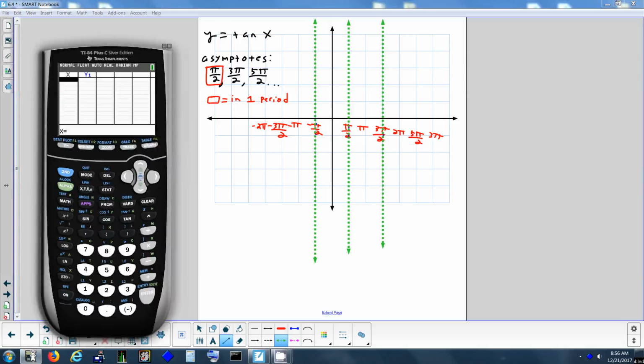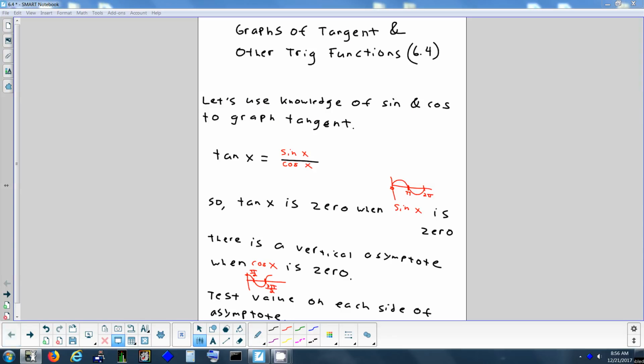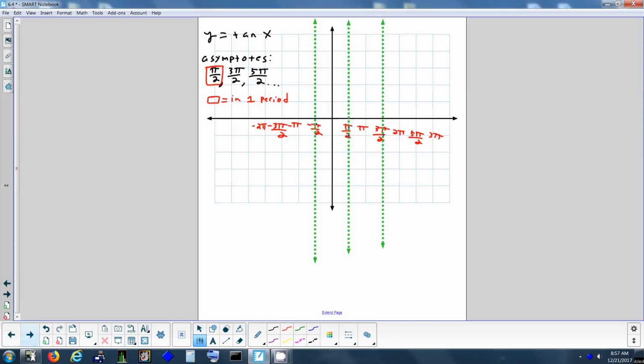And now I'm going to check a value very close to the asymptotes. Actually, there's one other thing I can mark. I already know the zeros. Pi is a 0, 2 pi is a 0, 3 pi is a 0, all multiples of pi. So pi is a 0, 0 is a 0, 2 pi would be a 0, and so on. So the graph is going to go right through that point.